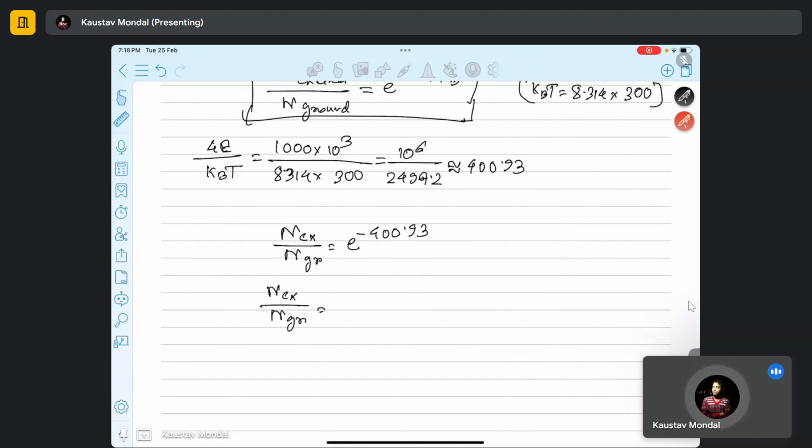So we can write e to the power minus 400.93 as 10 to the power 400.93 into ln 10. Ln means log base e. We can write it like this, right?